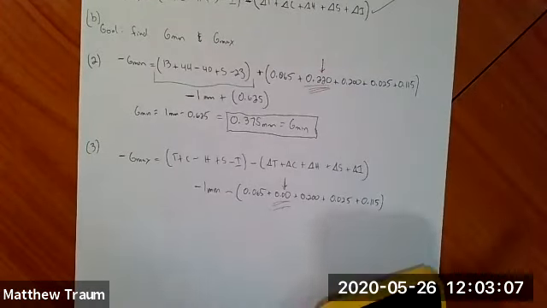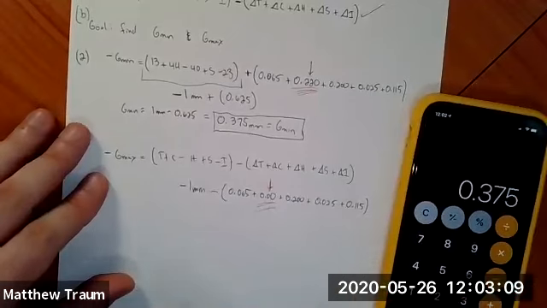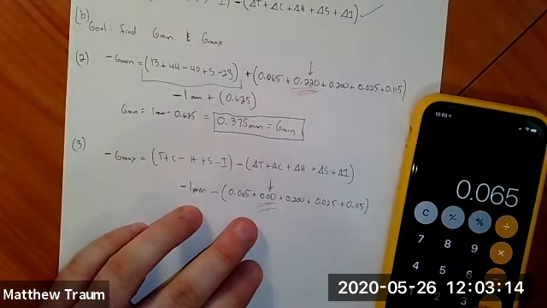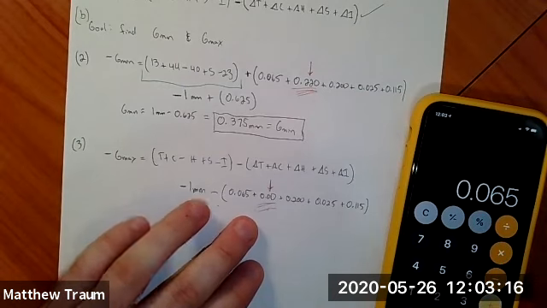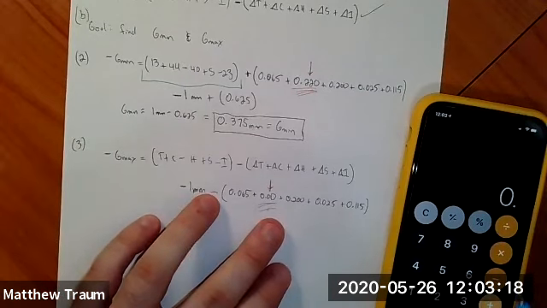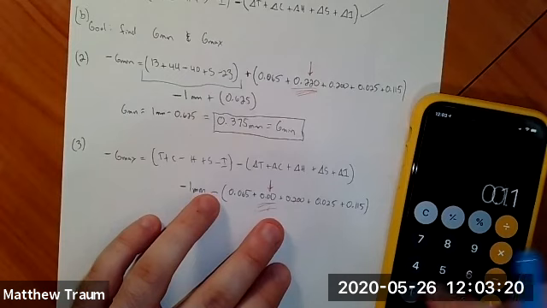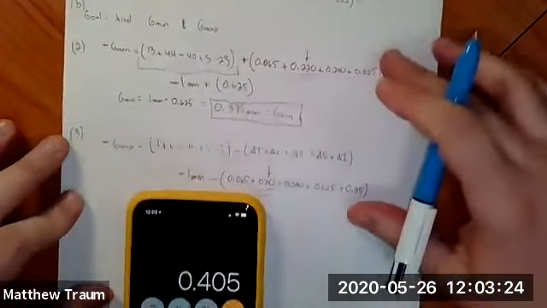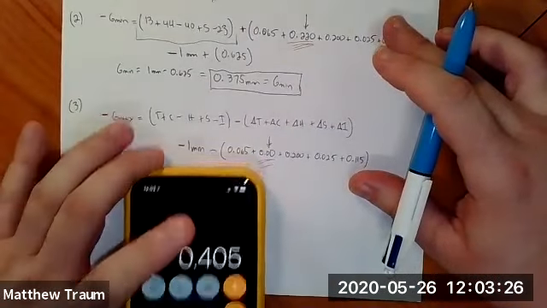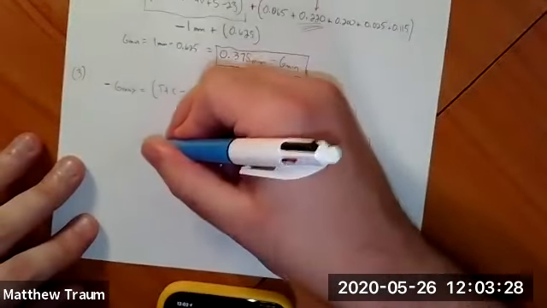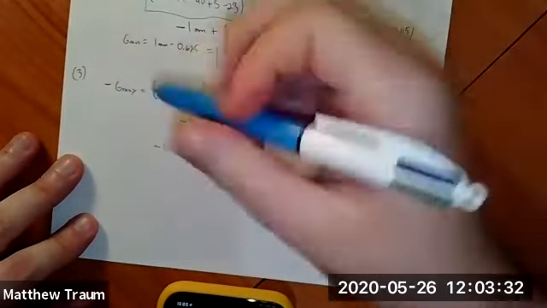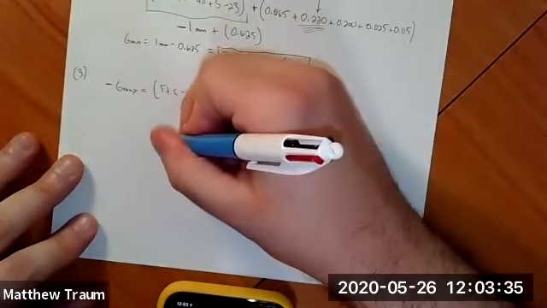Okay, so let's punch in the numbers here and see what happens. So I'm going to have 0.065 plus 0 plus 0.2 plus 0.025 plus 0.115. Okay, that gives me 0.405. So this is going to be minus, lots of things to keep track of, colors.